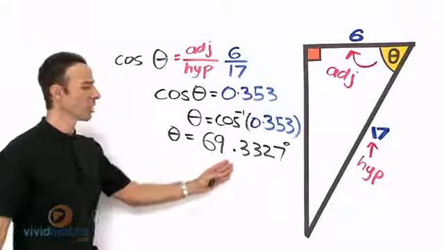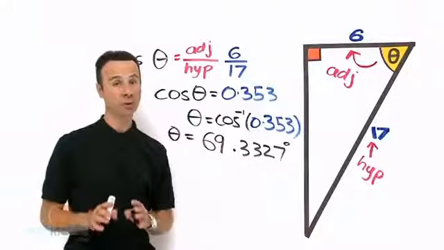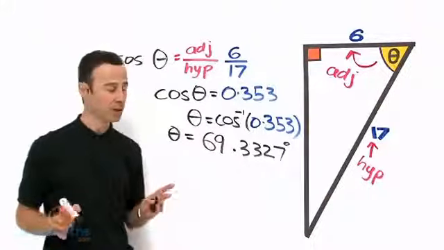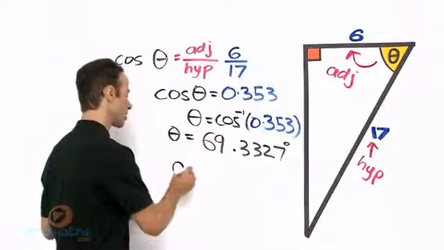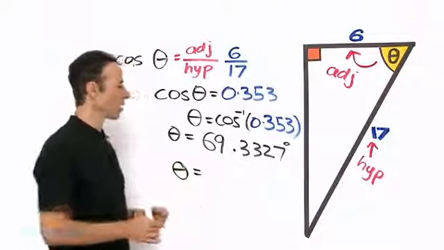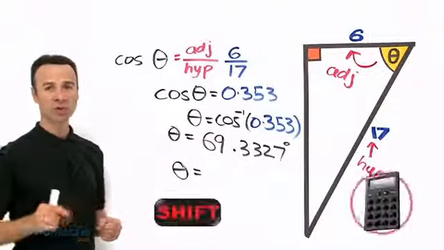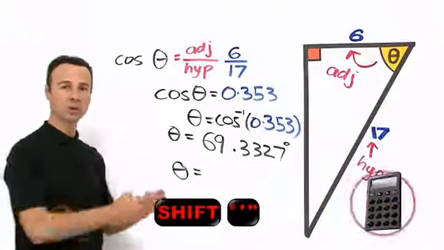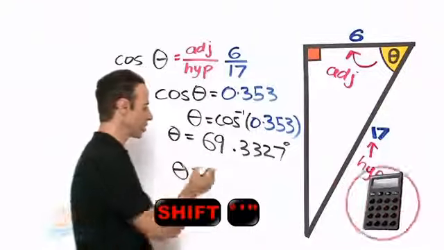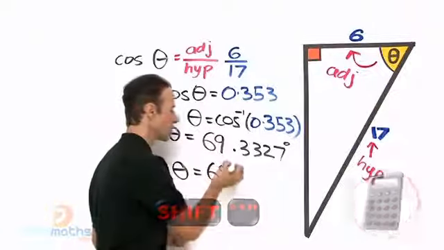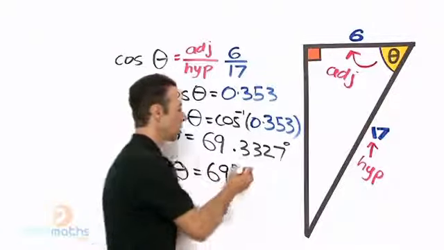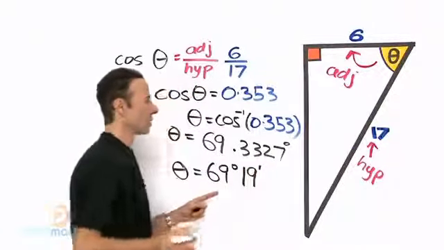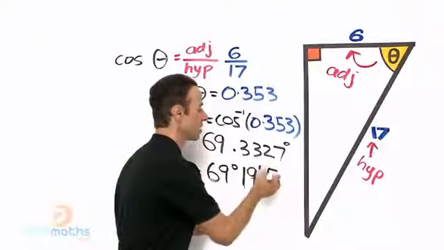So it's 69.3327. There are no degrees, minutes, or seconds yet. So that's what we're going to do now. So we go shift degrees, minutes, seconds. By pressing that button, you will end up with 69 degrees, 19 minutes, and 57 seconds.